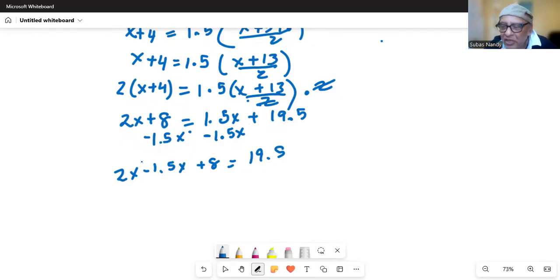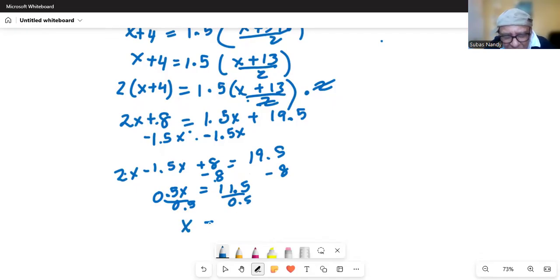Like you know in algebra, the coefficients get subtracted. We have 0.5x, and I will subtract 8 on both sides. 0.5x is equal to 19.5 minus 8, which is 11.5. Then you divide by 0.5 on both sides and you get x is 23.